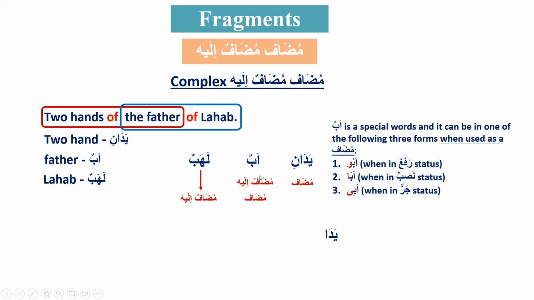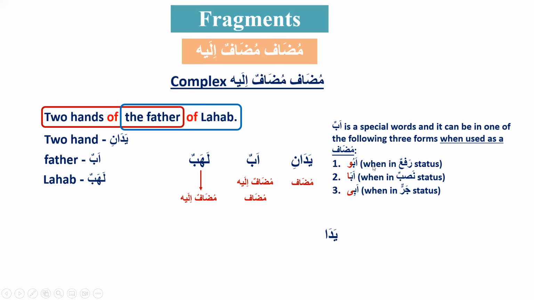Now remember, listen carefully. When the word abun is used as a mudaf, it will be either abu or aba or abi. This is a special word. There are 5 words like this. When abun is used as a mudaf, it will be either abu or aba or abi.